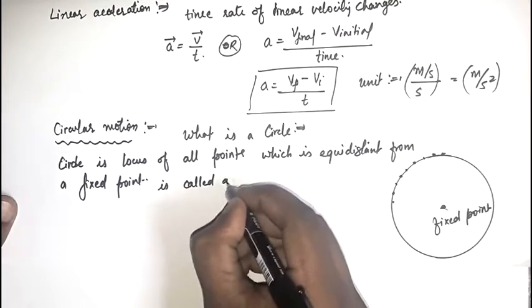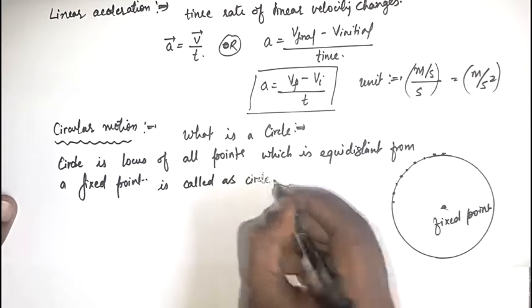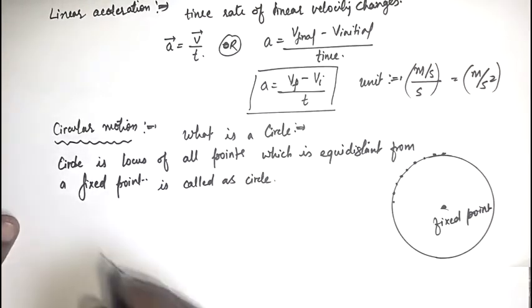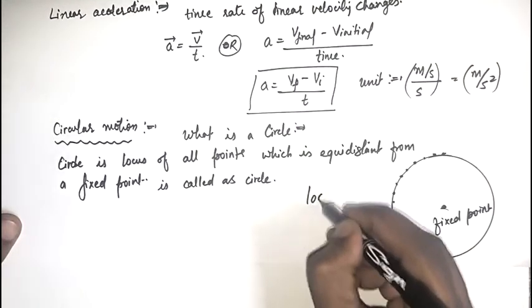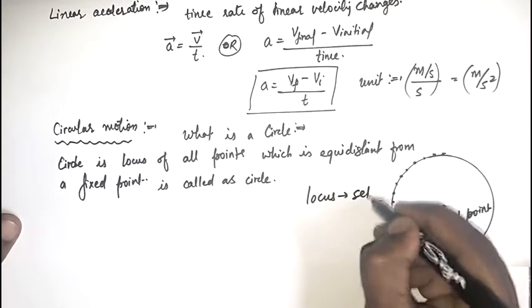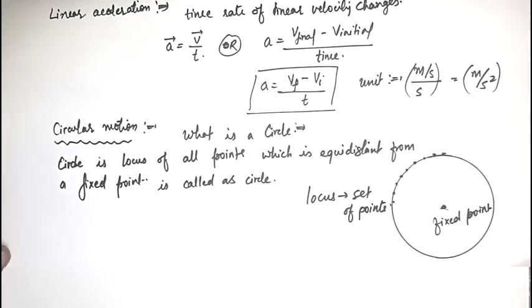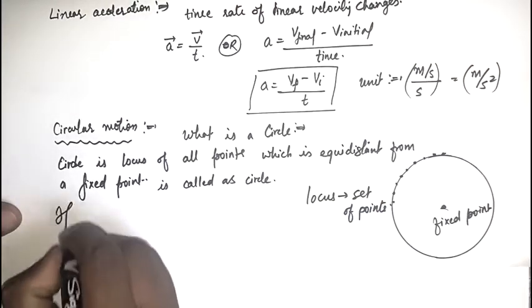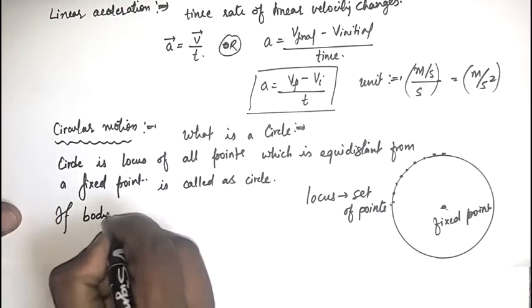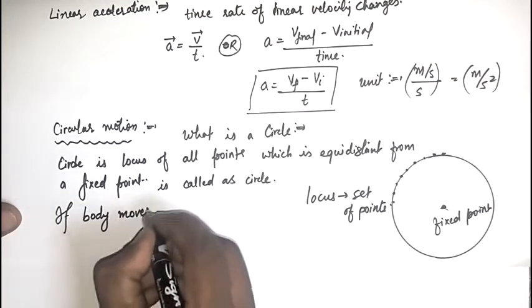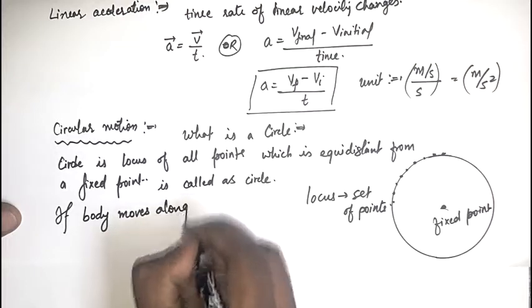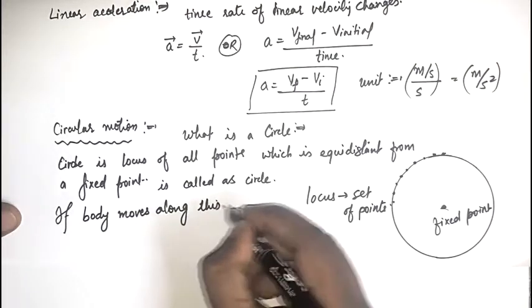So all these points are equidistant from a fixed point, and this is called a circle. A circle is the locus of all points equidistant from a fixed point, and locus means the set of points.